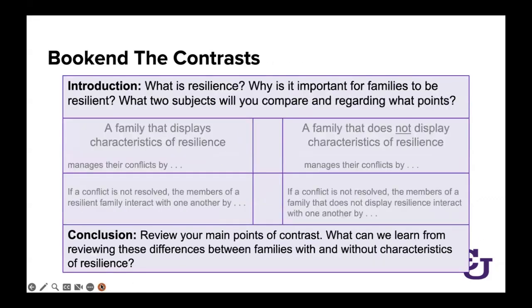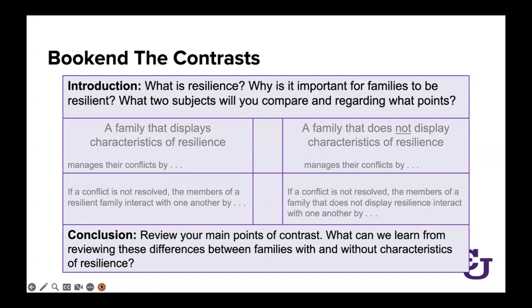Now, finally, whichever you choose, if you choose point by point or if you choose block, you're going to have to bookend your contrasts for this paper. Bookending means writing an introduction and writing a conclusion.